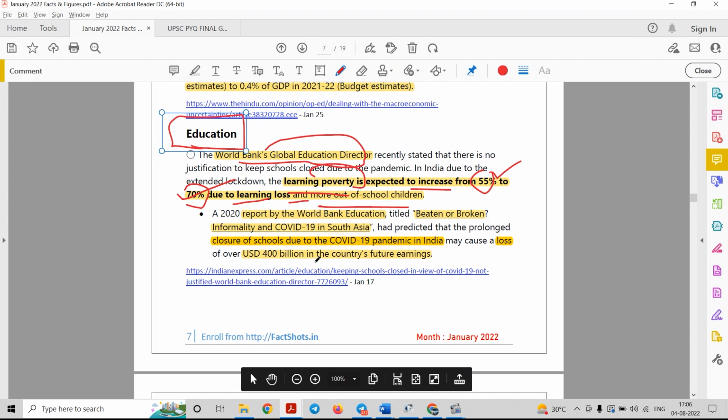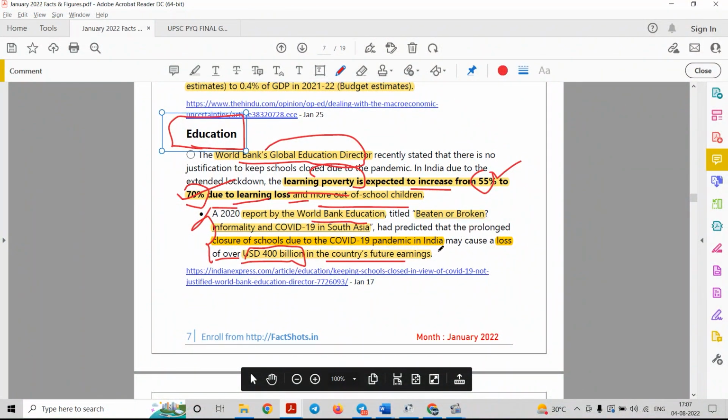So this is a loss to India in terms of economy also. Now the report by World Bank Education says that because of COVID-19 and informality, India is going to lose around 400 billion dollars, right? If you consider the future aspects of the economy, India is going to lose around 400 billion dollars because of this particular fact, that the children of India couldn't get quality education, or they couldn't get access to education, right?